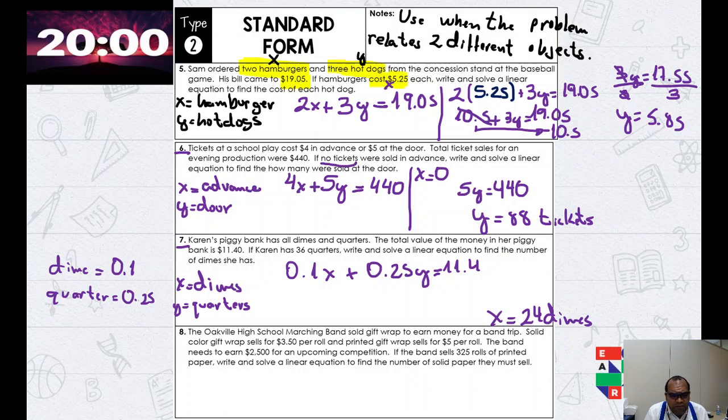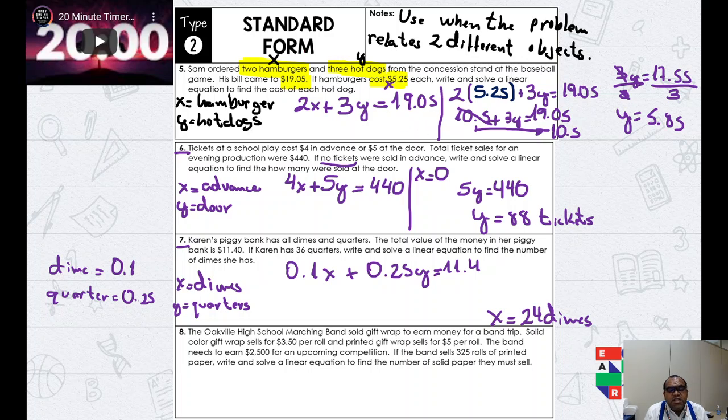The second one over here, we are talking about when you have a standard form. The standard form we use when the problem relates two different things. Like number 8, the Oakville High School marching band sold gift wrap to earn money for a band trip.